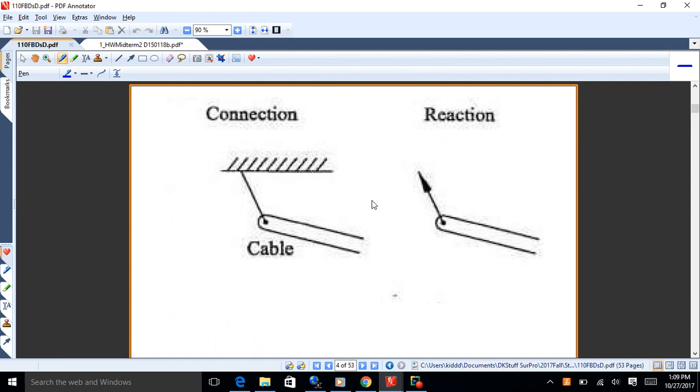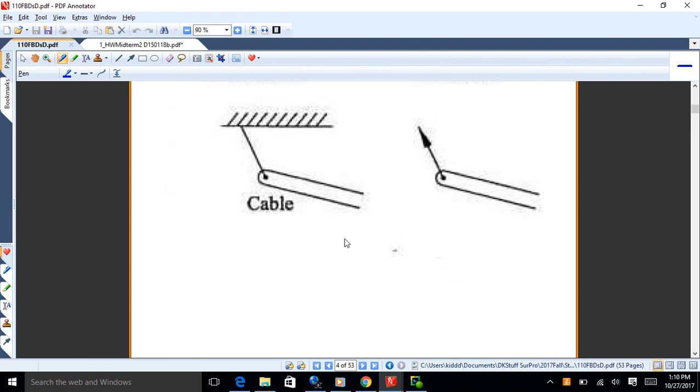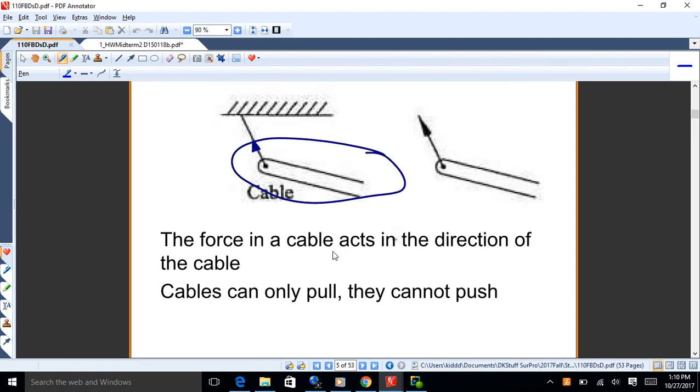A cable will prevent motion that tries to stretch it out. But a cable does not prevent motion inward. So cables have to be in tension. They can't be in compression. They only pull.